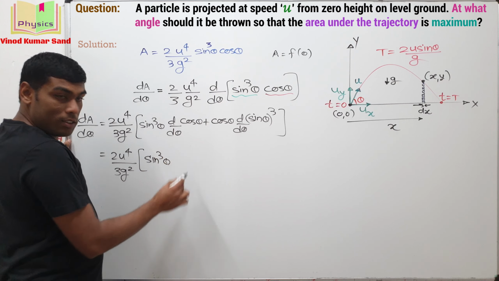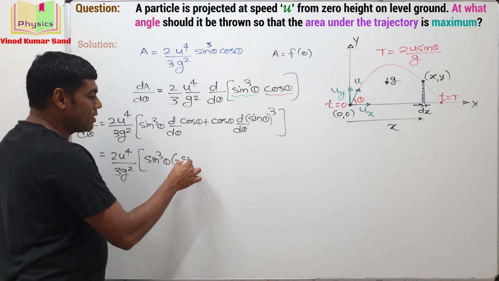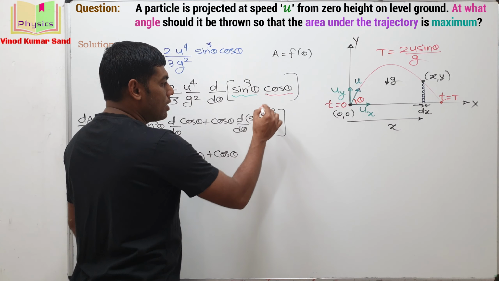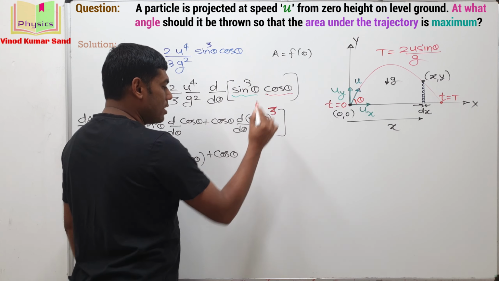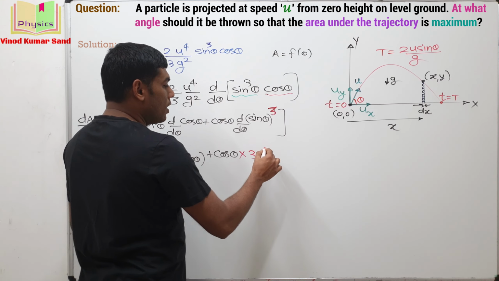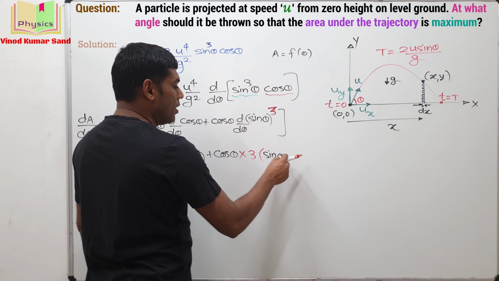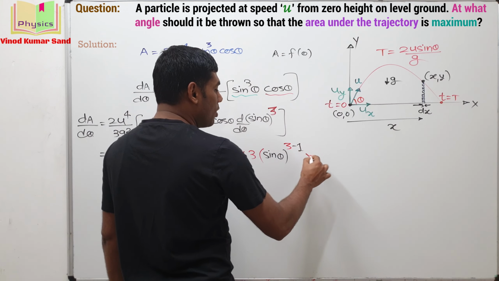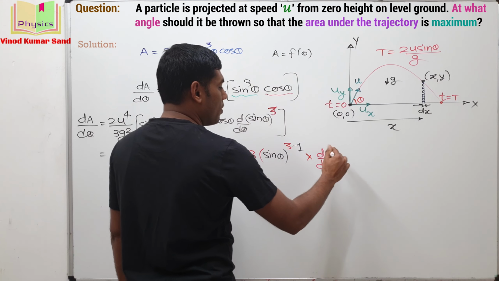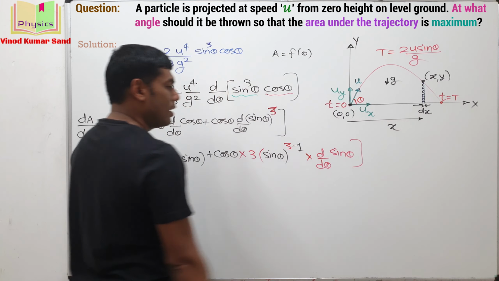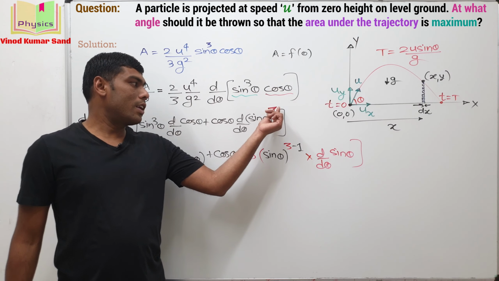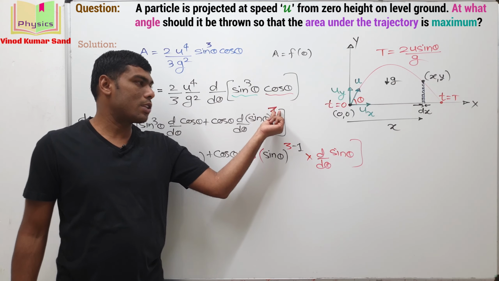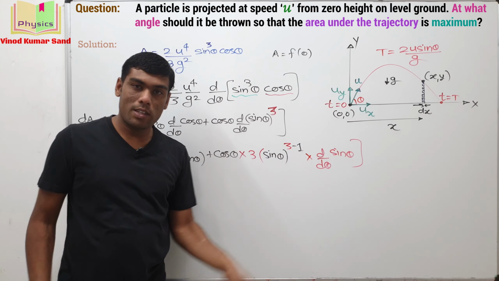Differentiation of cos theta with respect to theta is minus sine theta, plus first of all we'll differentiate this power 3. So its differentiation will be 3 and the entire sine theta power 3 minus 1 into d by d theta of sine theta. Is it okay? We differentiated the outside function and then we are differentiating the inside function. This is the differentiation of the outside power and this is the differentiation of the inside function.